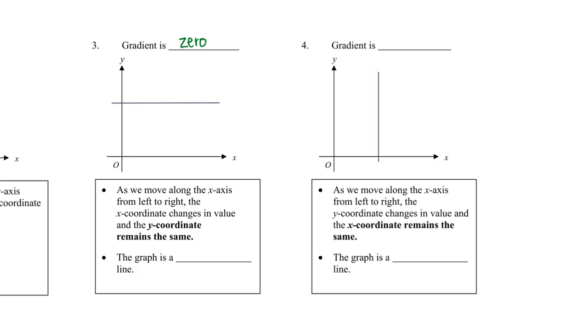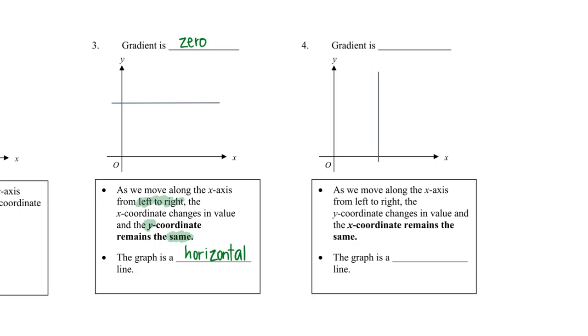If there's no steepness, there's 0 gradient. If we move from left to right, the y remains the same. So this graph, as we can see very clearly, is a horizontal line.